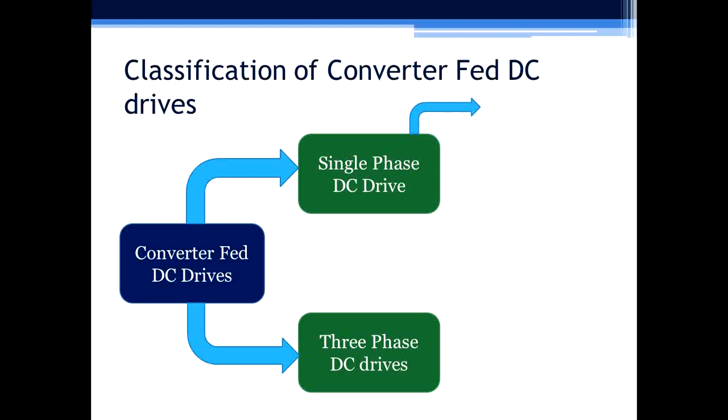In a single phase DC drive you have the single phase semi converter. A single phase semi converter will give you only one quadrant operation. Your drive will operate in the first quadrant, where average output voltage and average output current will be positive. That results in positive power, and as we get positive power, we can drive our motor in the first quadrant.